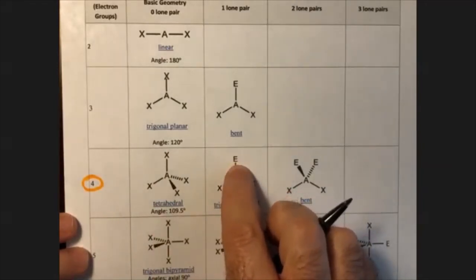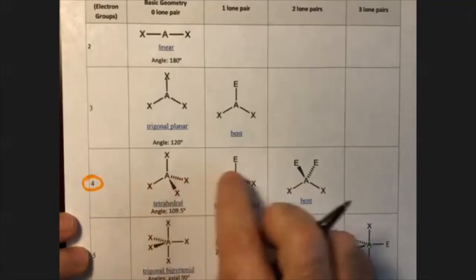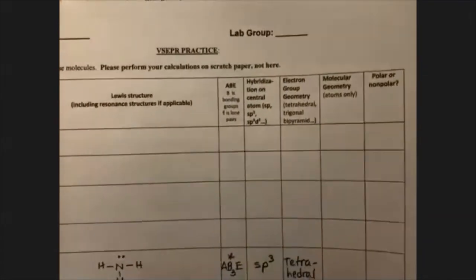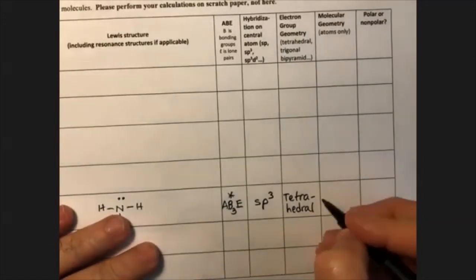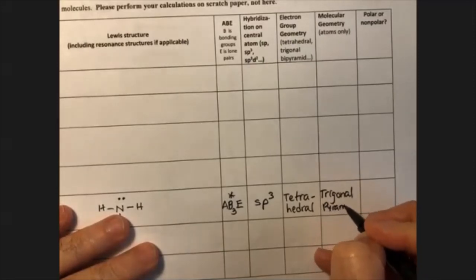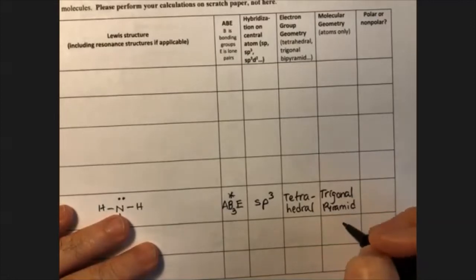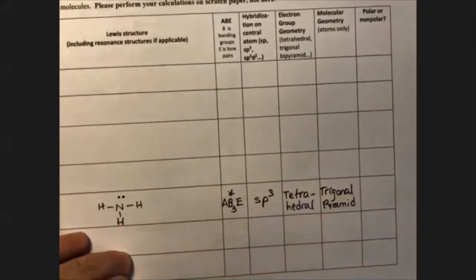And so that means that the shape of the molecule, not the electron group arrangement, but of the molecule is trigonal pyramid. So we're going to come back over here and we're going to say this is trigonal pyramid. If you have small handwriting, you can probably fit in trigonal pyramidal, but I don't. So I'm going to leave it as a trigonal pyramid here.